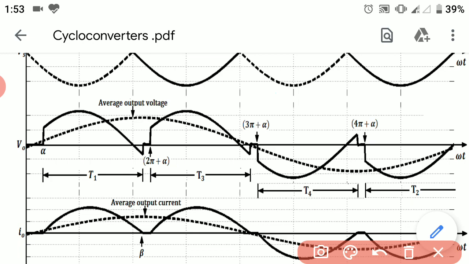But the average output current will always remain positive or negative, positive in the positive half cycle and negative in the negative half cycle. But there is a time instant during which these peaks have zero output current.